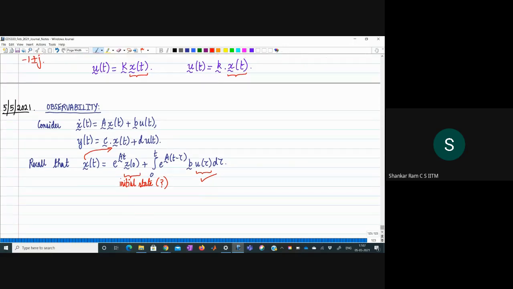Now we are going to write down a definition, but as I mentioned, the overarching question that motivates this notion of observability is: can we estimate x of t from limited measurements? For example, yesterday we were discussing the quarter car model, where we have a sprung mass and an unsprung mass.